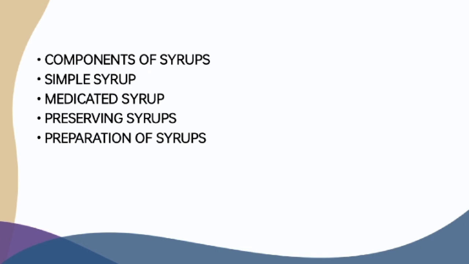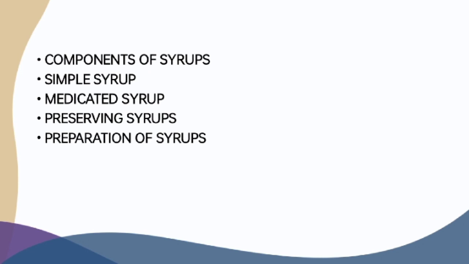So, syrups is most prepared by one of 4 general methods. Nakadepende yun sa physical and chemical characteristic ng ingredients. Yung 4 na method na ito is first, yung solution of the ingredients with the aid of heat. Yung second is solution of the ingredients by agitation without the use of heat, or yung simple admixture of liquid components lang.